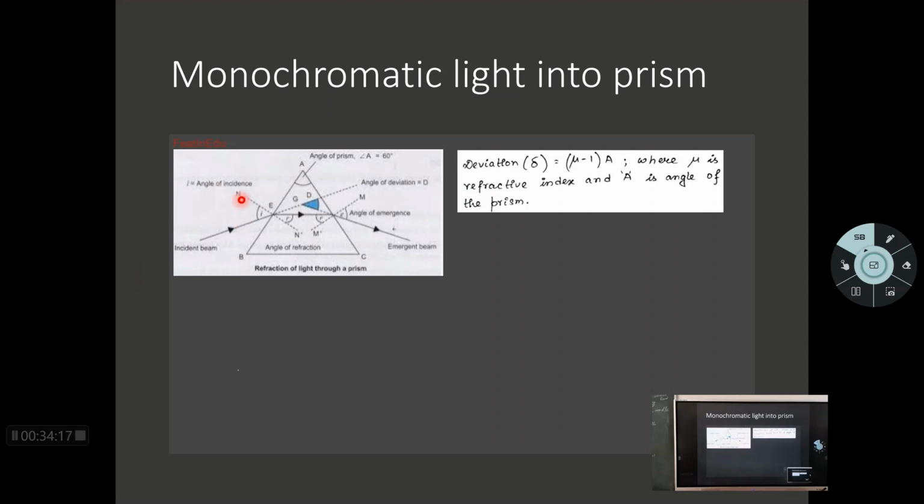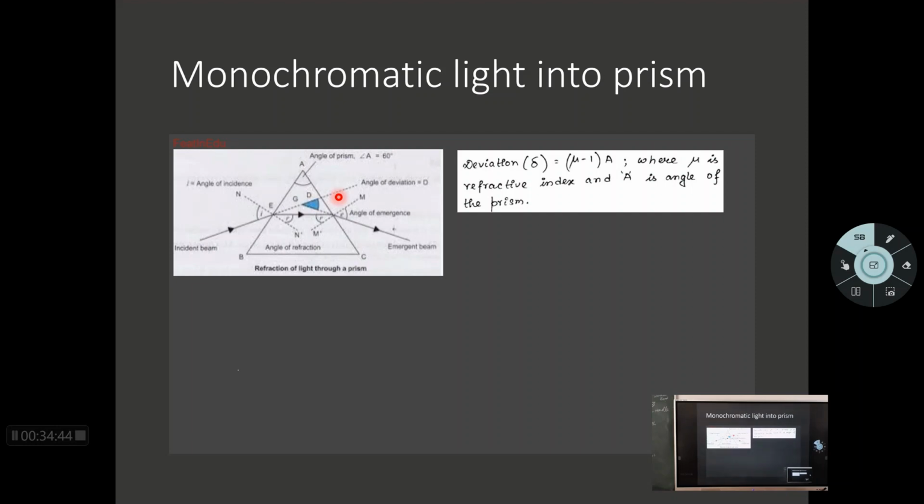Here again, this is air and this is glass. And mu stands for what? The refractive index of glass with respect to air. Now you see this formula, right? If the prism was not there, then what will be here, in this place? Louder.